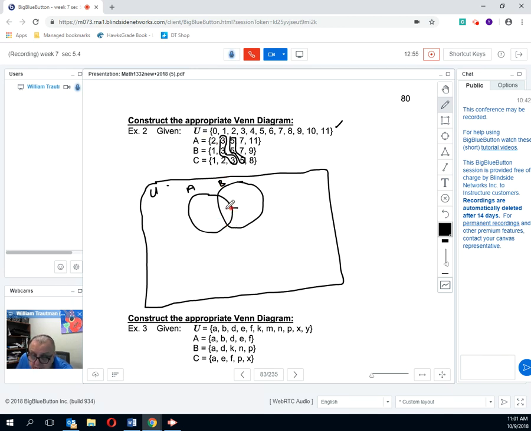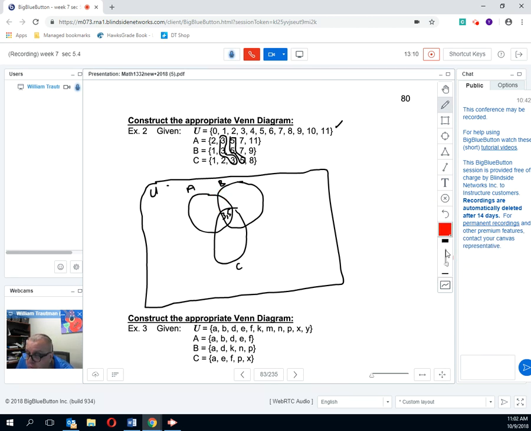But there's another one, C. All three of these have numbers in common. Do you see all three have 3 and 5 in common? That's where it goes right there. All three have that in common.